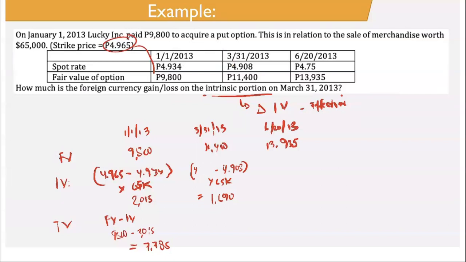Sorry, 4.965 less 4.908 times 65,000, we have 3,705.